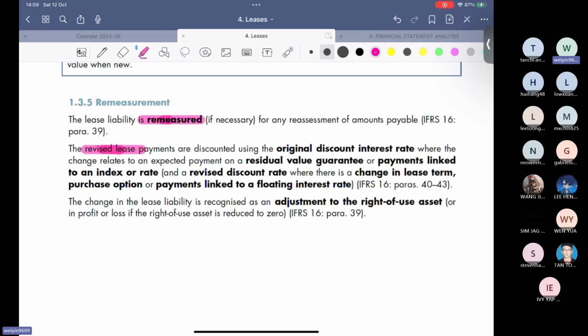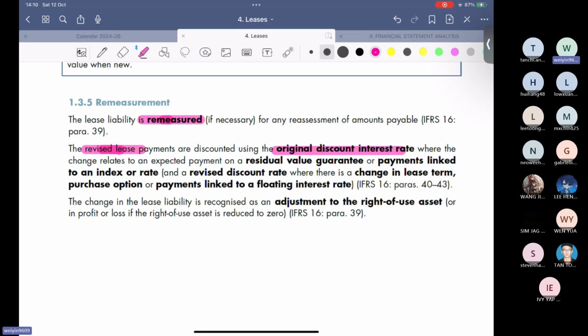The revised lease payments are discounted using the original discount rate, where the change relates to the expected amount on the residual value guarantee, or payments linked to the index rate. A revised discount rate is used when there is a change in the lease term, purchase options, and payments linked to the floating interest.